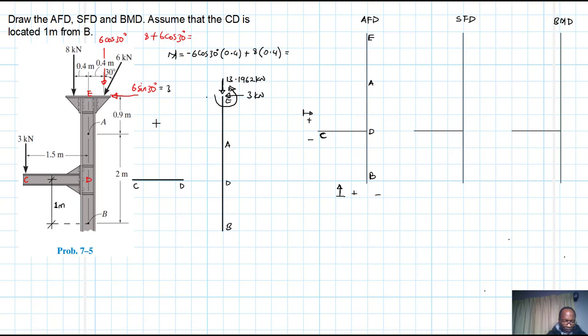Minus 6 cos 30 times 0.4 plus 8 by 0.4. All right, we had a moment of 1.1215 kilonewton meters, and it was an anti-clockwise moment. So that is how we found those values.